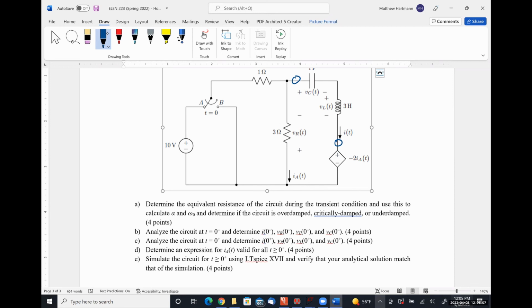So at t equal to 0 plus, you have a 12.5 volt source here, an open circuit here, so they're not in series because there's an open circuit between them. There's an open circuit here, and there is an open circuit here, and you have these two resistors in parallel.